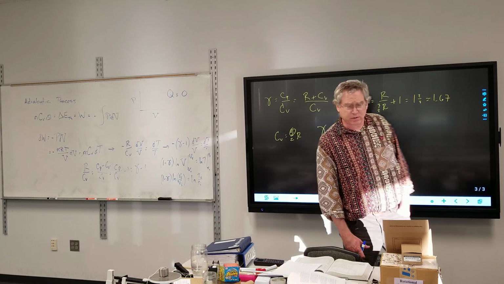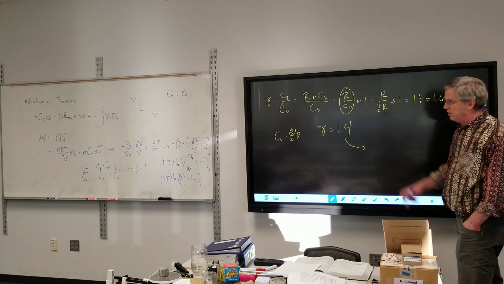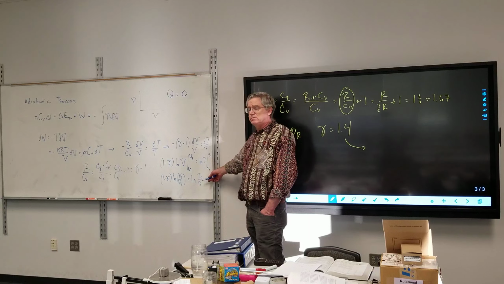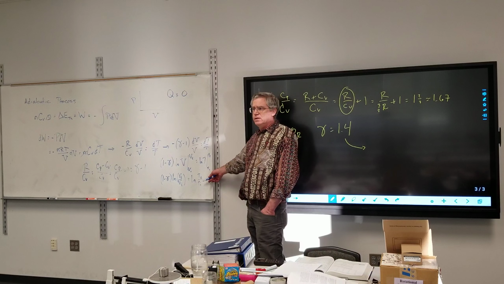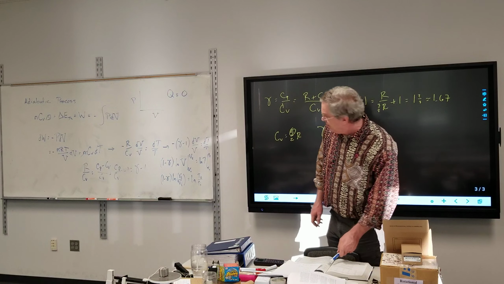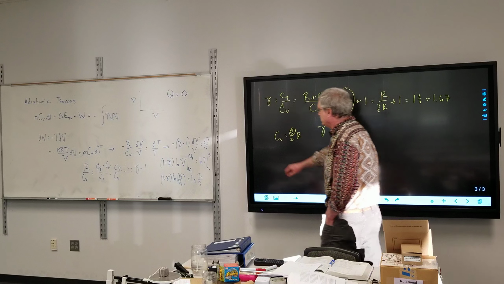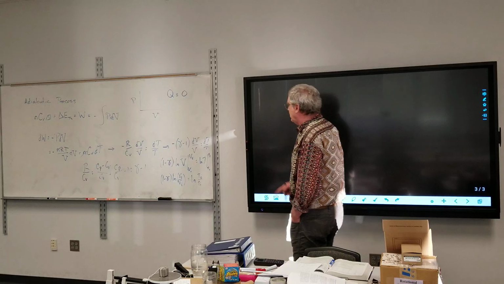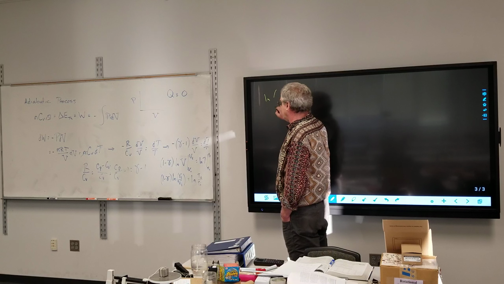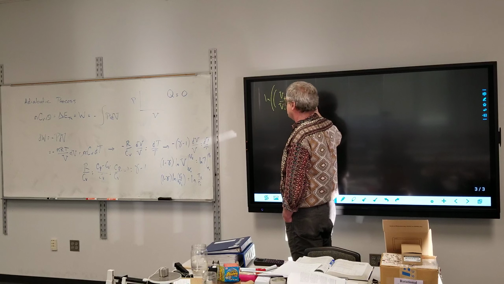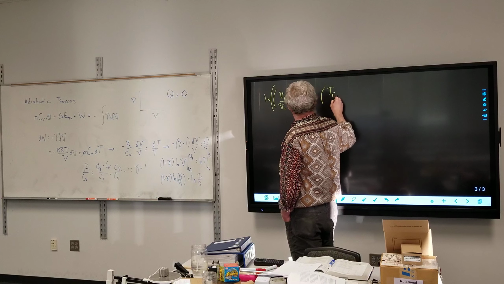Now, I did make an assumption about your background with logarithms. Everyone comfortable with subtraction being the same as division here? Yeah. Okay. So that's the same as the natural log of Vf over Vi to the 1 minus gamma equals the natural log of Tf over Ti.